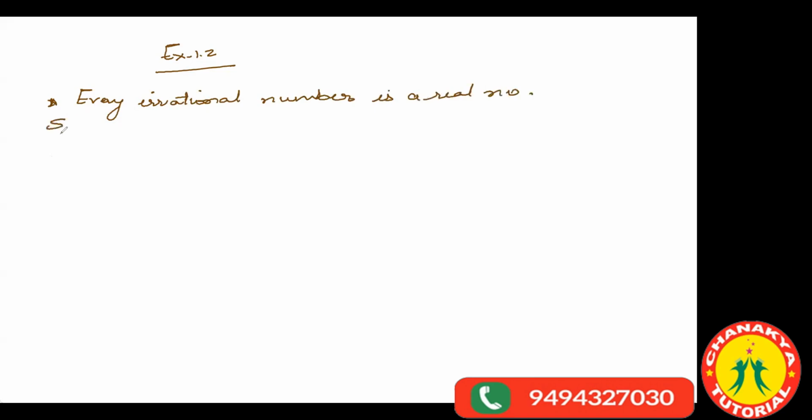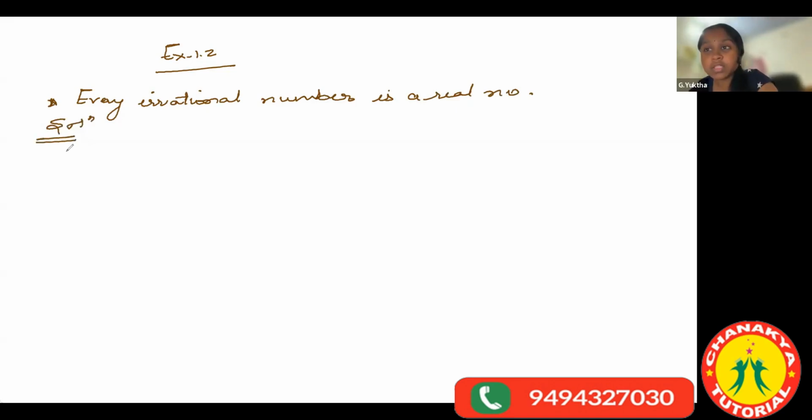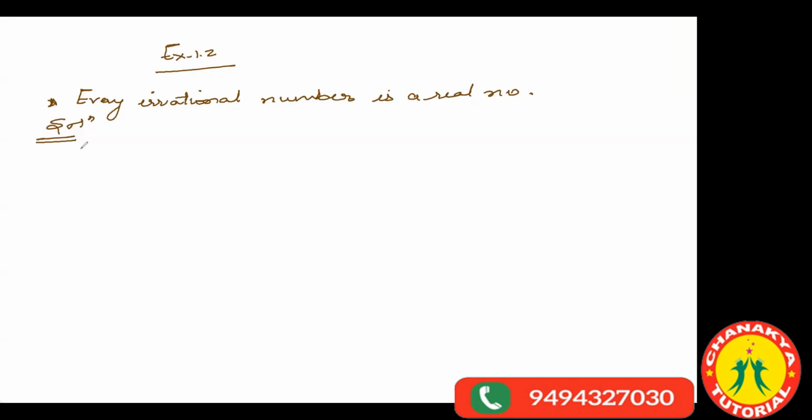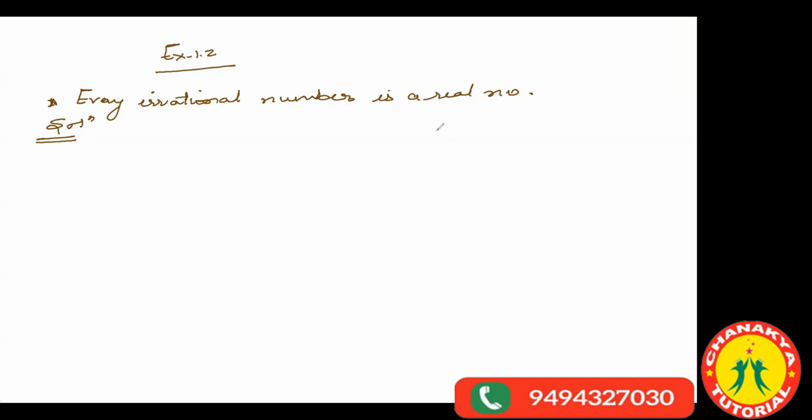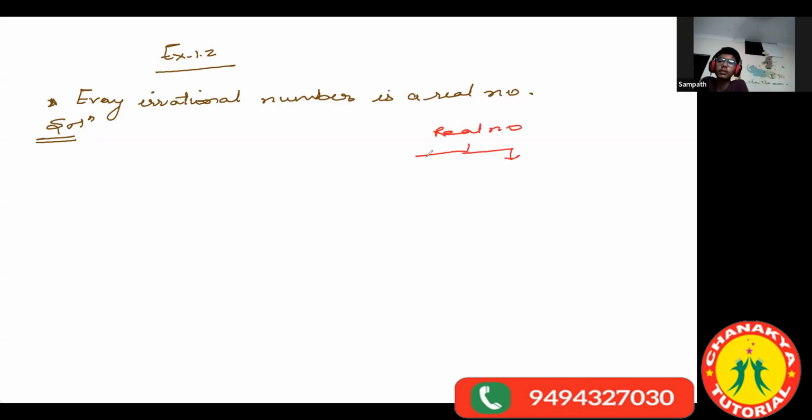Yukta? Yes, ma'am. Tell me, every irrational number is a real number? No, ma'am. No, why beta? Yukta, have you forgotten, beta, your real number is made up of two things?